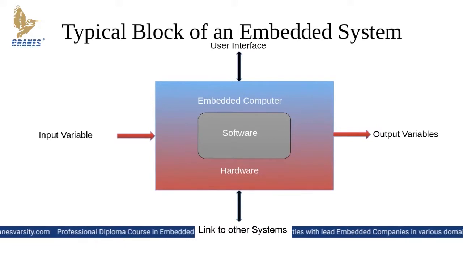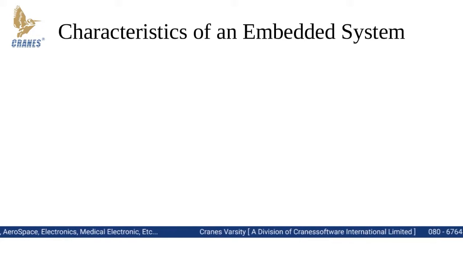Real-time operating systems define the way the systems work. It sets the rules during the execution of the application program. Small-scale embedded systems might not have an RTOS. Let's look at some of the key characteristics of an embedded system.